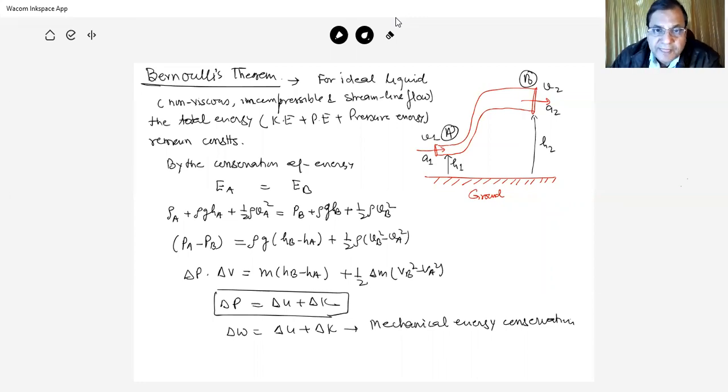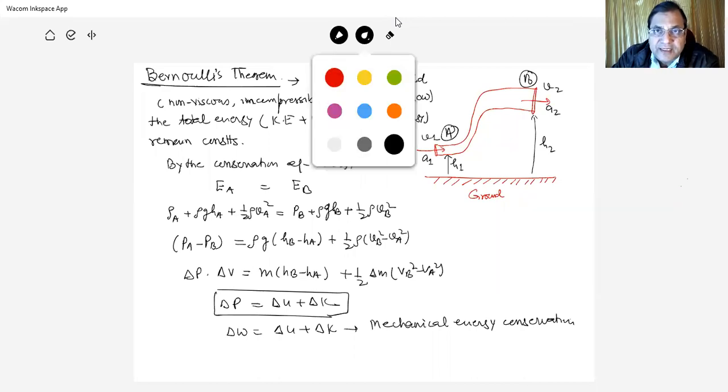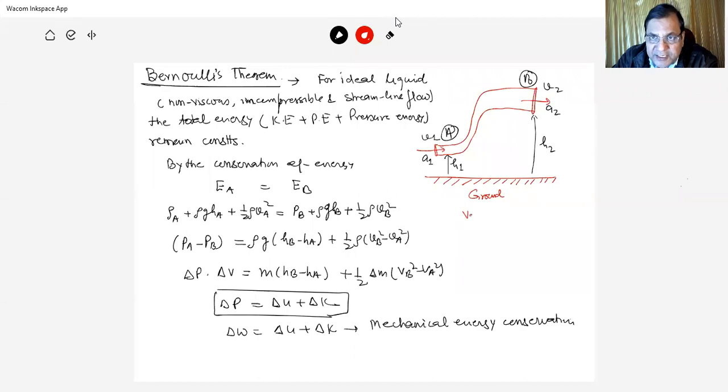So what we find here? At this point, there is a velocity head, and this velocity head is v square over 2g, and then the pressure head is P upon rho g, and then there is a gravitational head h.